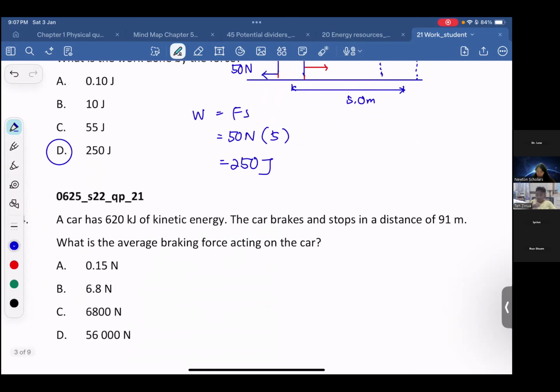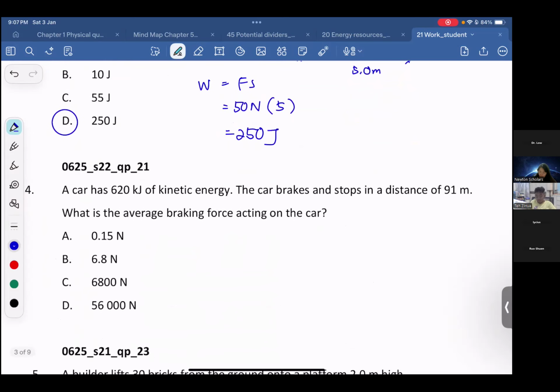Okay, go to question number 4. A car has 620 kilojoule of kinetic energy. The car brakes and stops in a distance of 91 meter. What is the average braking force acting on the car? Zihua, no. Angeline, correct.